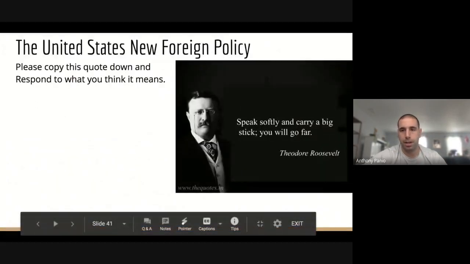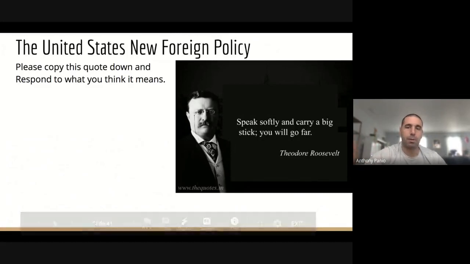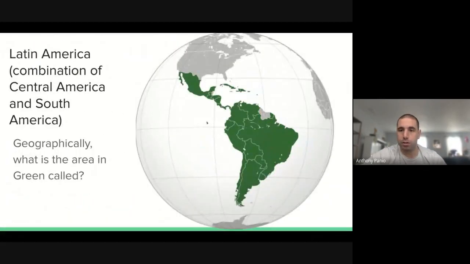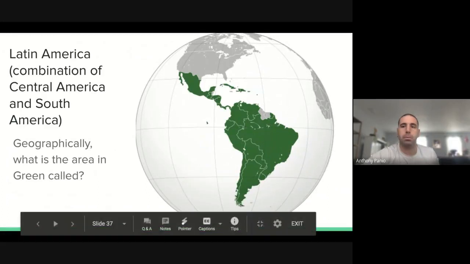Now, I'm going to remind you of this on Monday, but every single foreign policy that we have for the 3 presidents is going to be centered around Latin America. So all of the foreign policies are going to be related to this area of the world. Different countries can have different foreign policies.